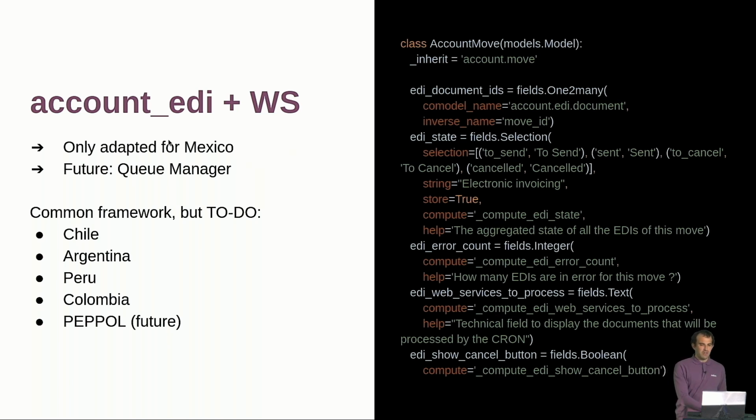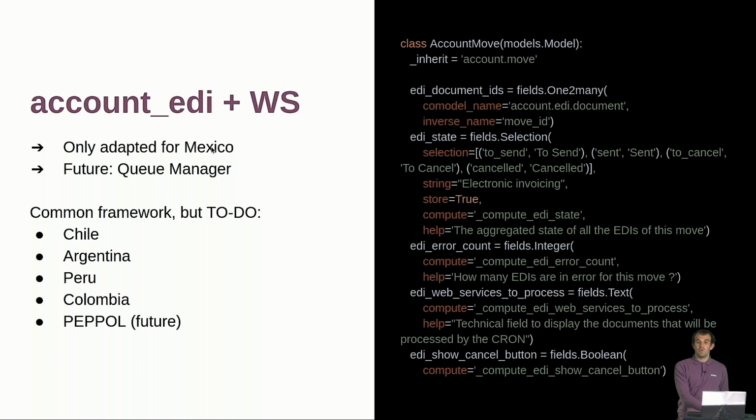Mexico is actually not a simple localization. It really sends the invoice to the government through web services, and it even does that with payments. But you can see here that the EDI and all the follow-up has been integrated into this common module.